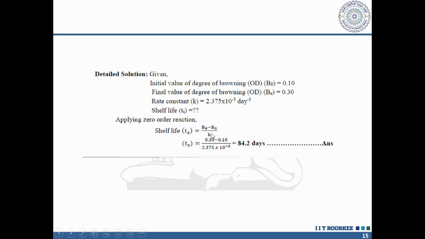It is the final value of browning degree minus the initial value of browning degree, that is 0.10, upon the rate constant. So you have 0.30 minus 0.10 upon 2.375 into 10 raised to power minus 3. If you solve this equation, you will get 84.2 days.